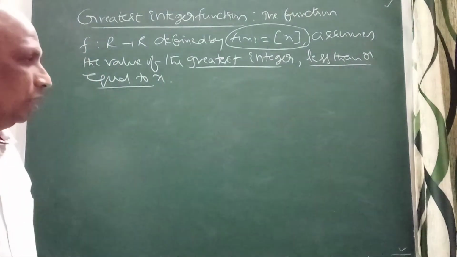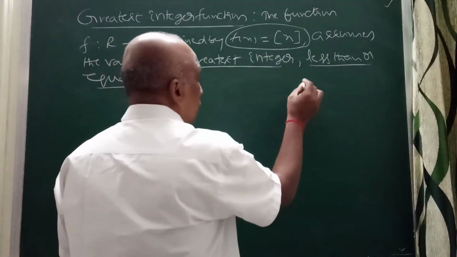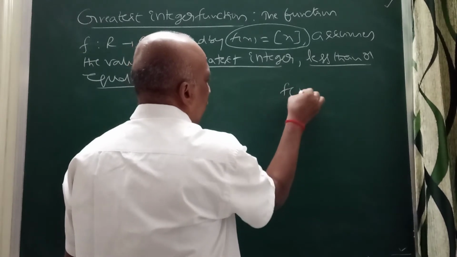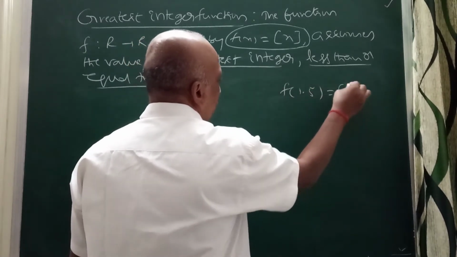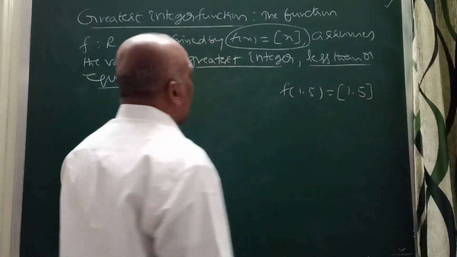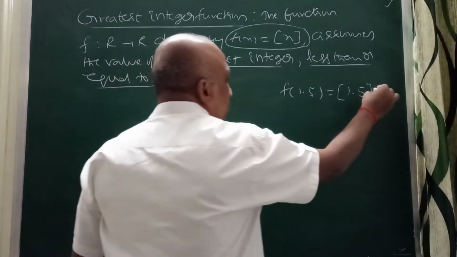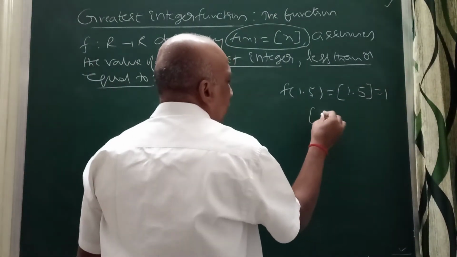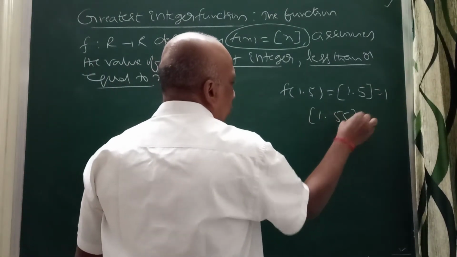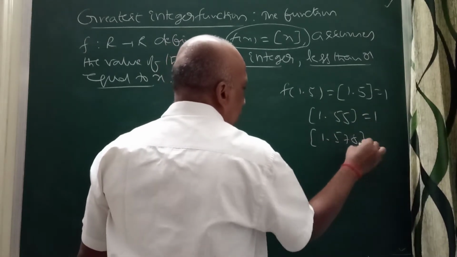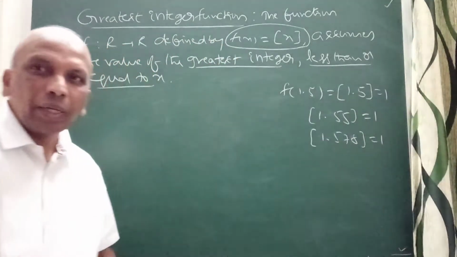How are they defining this? You can observe here. Suppose they are saying f of 1.5, so floor of 1.5. Take only the greatest integer of 1.5. It will be only 1. So floor of 1.55 will be 1, floor of 1.578 will be 1. Take the integer part.